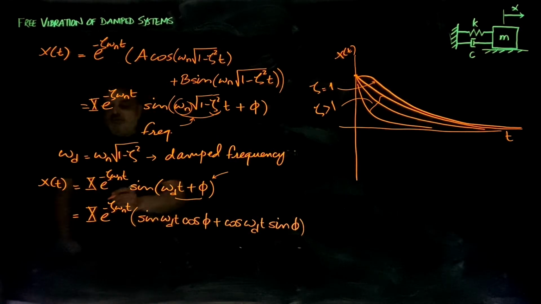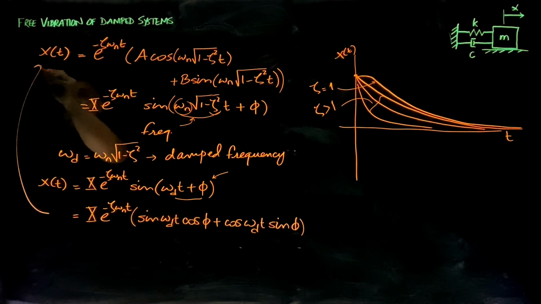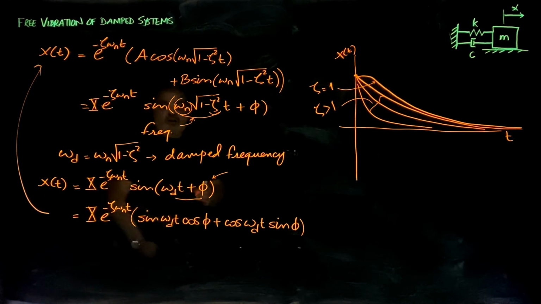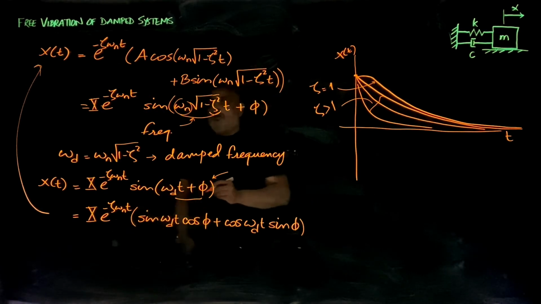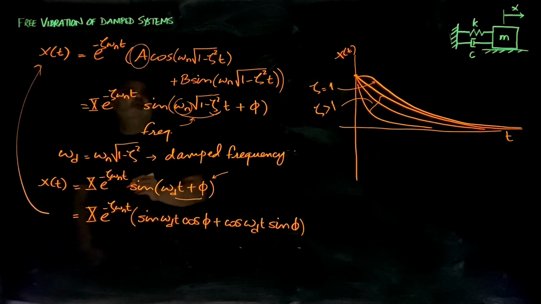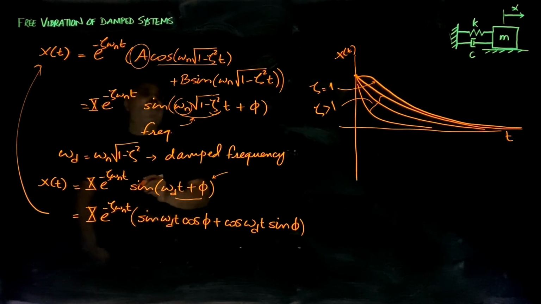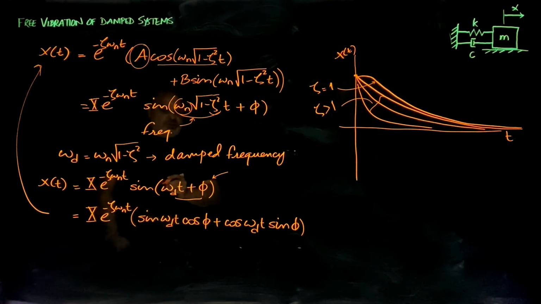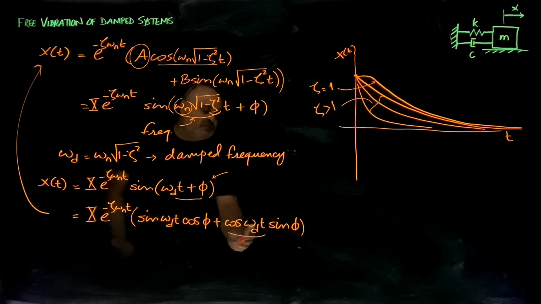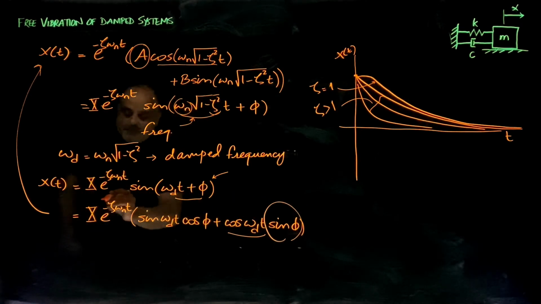Now let's compare these two forms: this form of x of t to the original form. We will notice that A is the coefficient multiplying the cosine of omega d t, which here is sine phi times x.